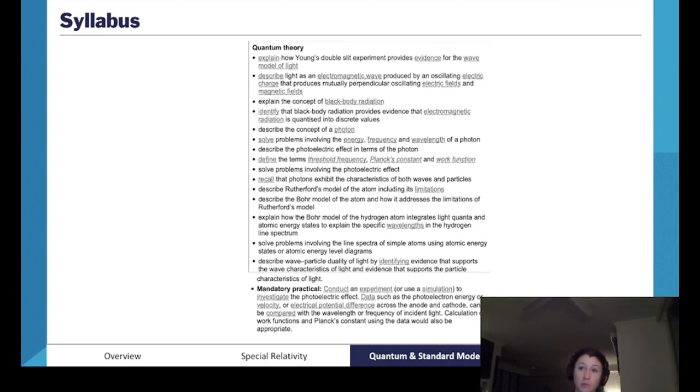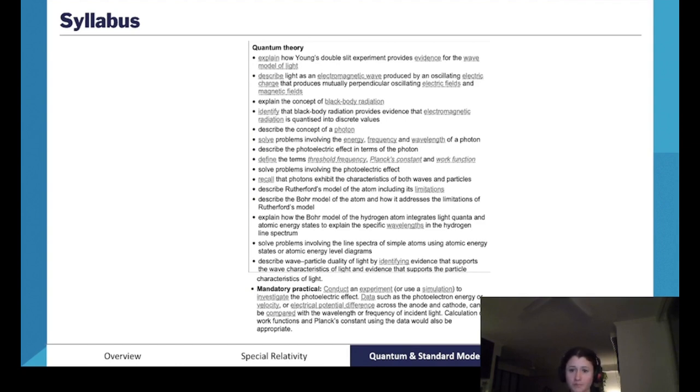You need to be able to explain the differing evidence for light being a wave and light being a particle. And then you also need to be able to explain the two models of the atom that we're looking at, which is the Rutherford model and then the later and improved Bohr model of the atom. And you need to be able to explain why they're better, what limitations the Bohr model addressed, and so forth.